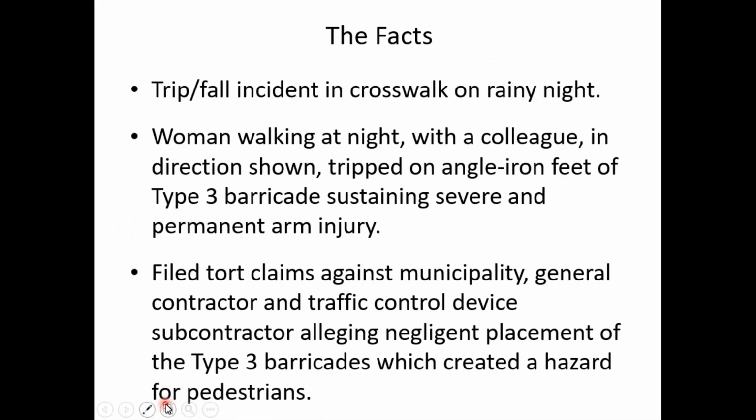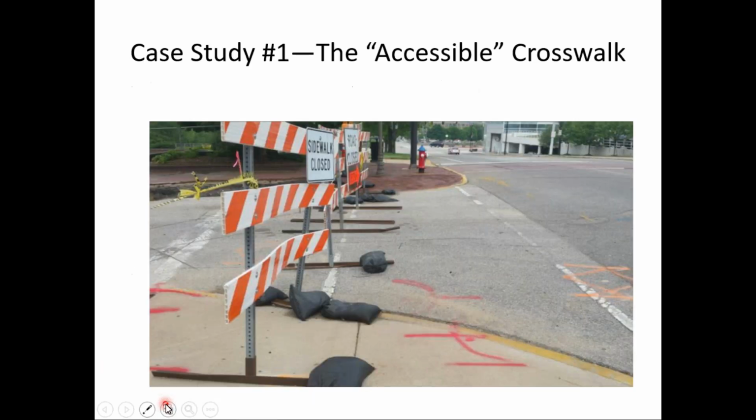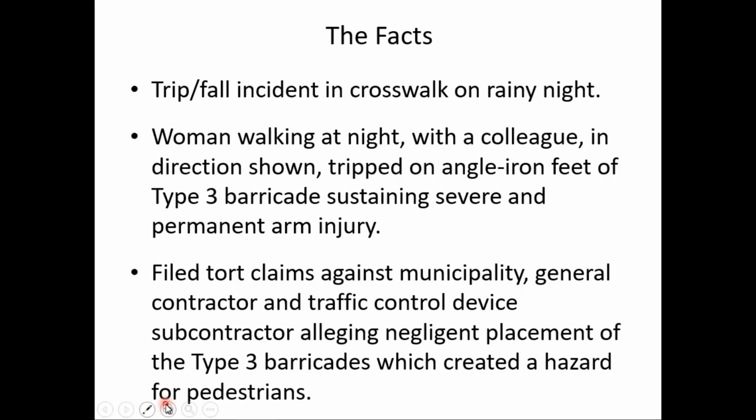But what happened, one rainy night, two women were walking in the same direction here. The camera is looking into the background. And as part of the project, apparently they cut off the power to the street lights in the area, so it was dark, and she tripped on one of the angle iron feet of the type 3 barricade and sustained a permanent arm injury.